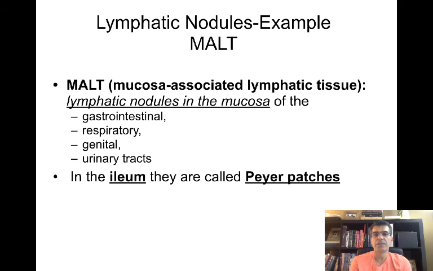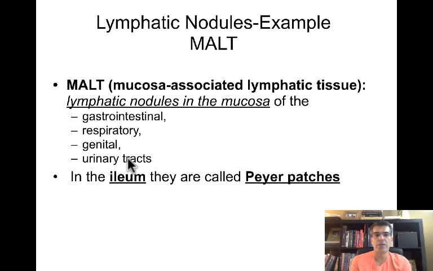Remember we talked about MALT? MALT stands for mucosa-associated lymphatic tissue. It's lymphatic tissue or a nodule that is found inside the mucosa. Mucosa of what? You can find it in the mucosa of the GI tract, respiratory tract, genitalia, or urinary tract.